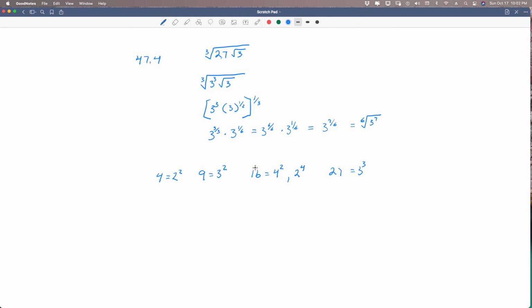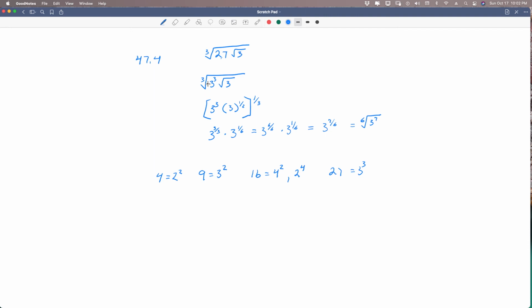We need to be able to look at this number that's under here and ask ourselves, is this some multiple of this? And if it is, we can just transform it into a similar base. And that's how we solve these.